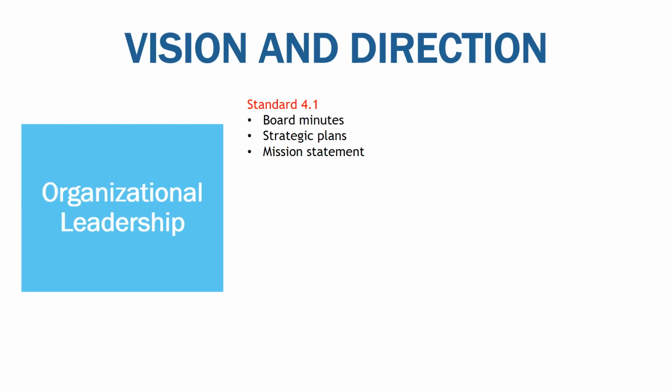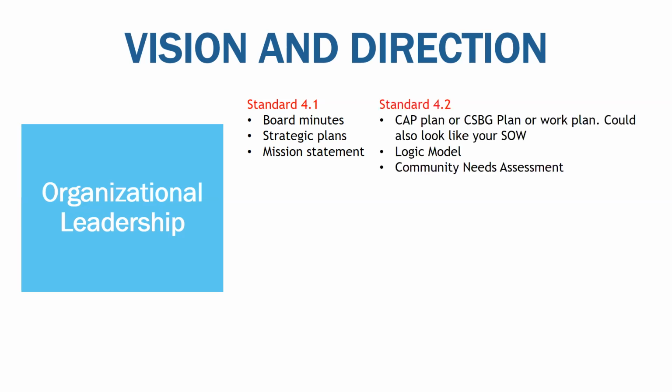So when we look at this standard 4.1, the governing board has to ensure that it has addressed and reviewed the organization's mission statement within the past 5 years, and assured that A, the mission addresses poverty, and B, the organizational programs and services are in alignment with the mission, and that we can show that with board minutes, strategic plans, and mission statements. 4.2 is going to ask us to make sure that our community action plan is outcome-based, anti-poverty focused, and ties directly into the community assessment.